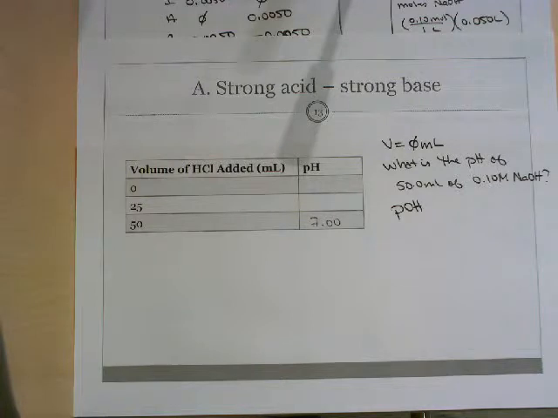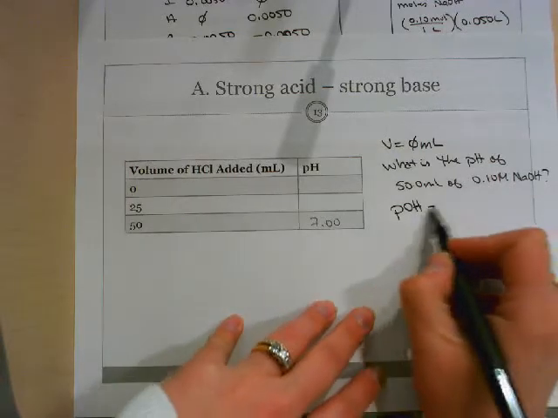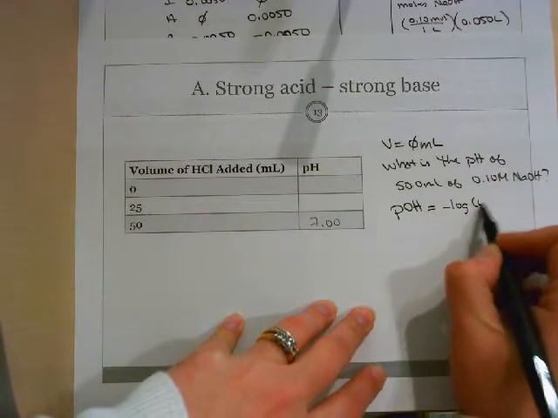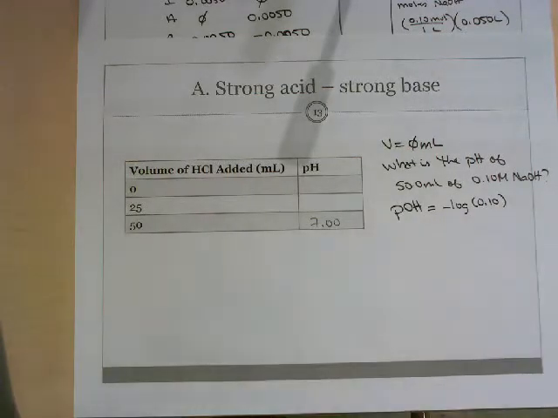Doesn't matter what volume I have. Not the strong acid or strong base by itself. Doesn't matter how much you have of it. So what is the pOH of this solution? Negative log of 0.1. If you don't have your calculator out, again, handy to have.